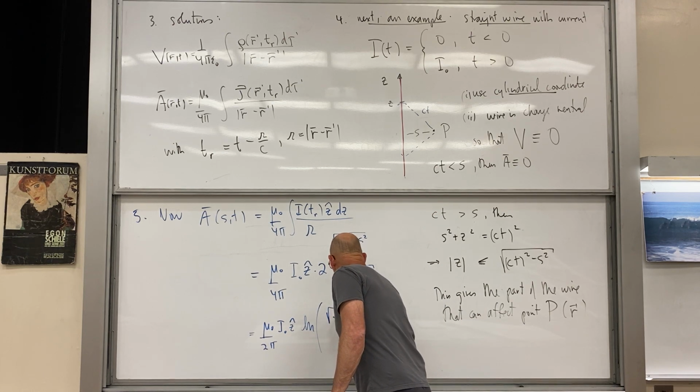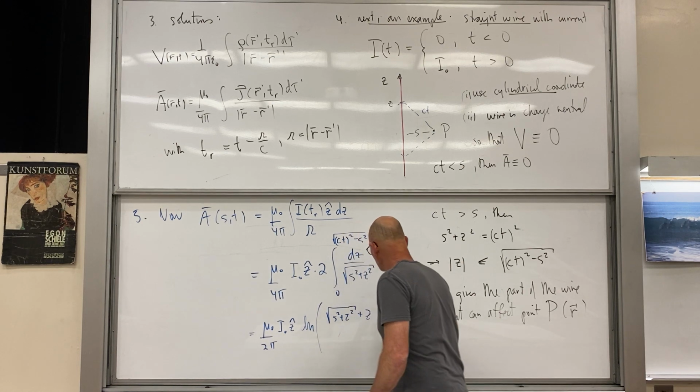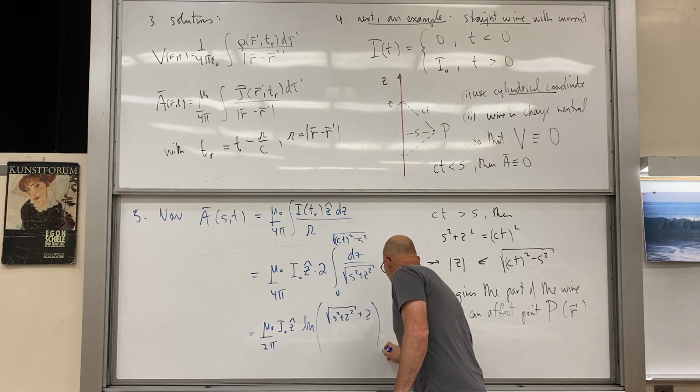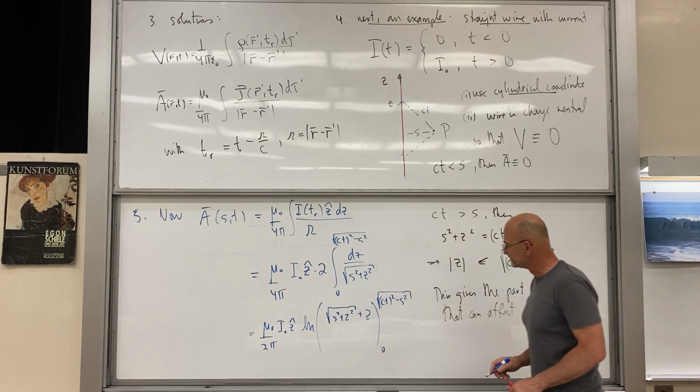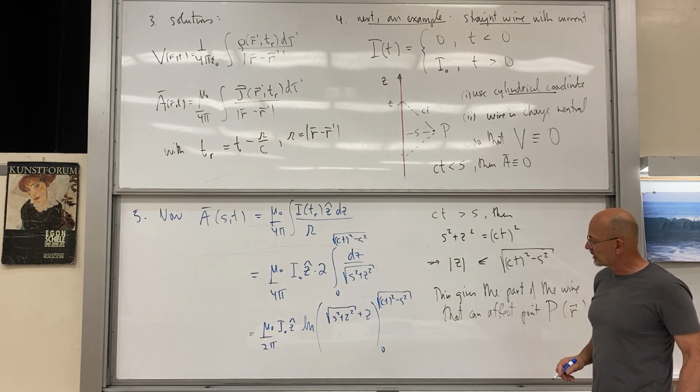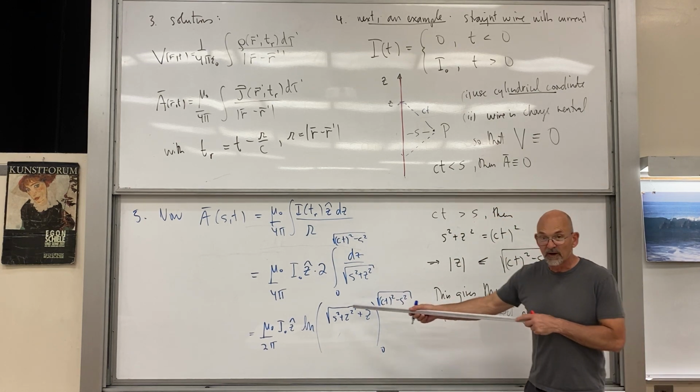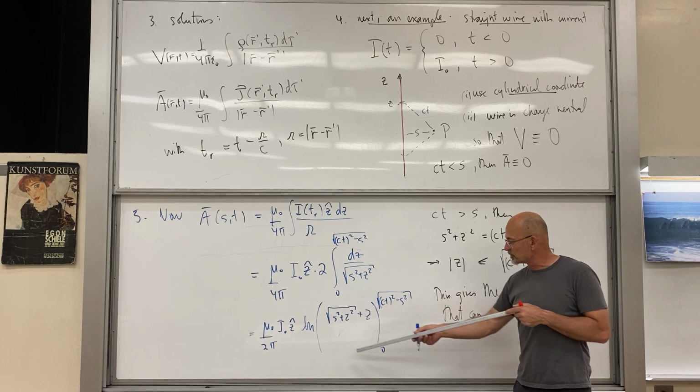We're going to evaluate that from 0 to root ct squared minus s squared, and express it as a logarithm of a quotient.